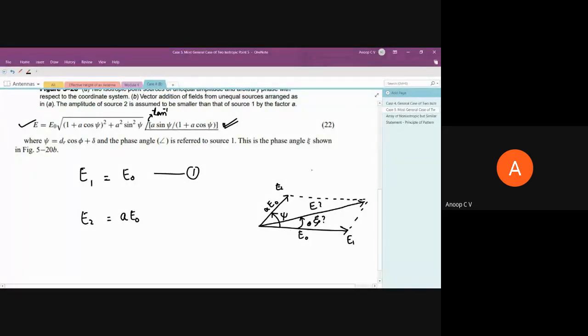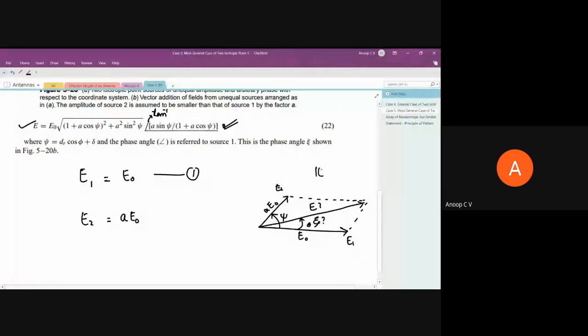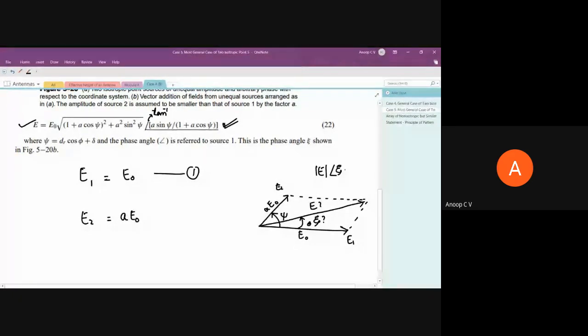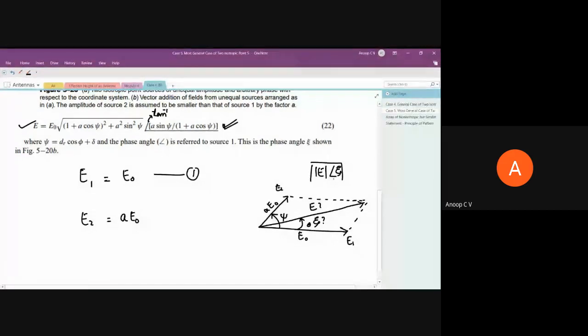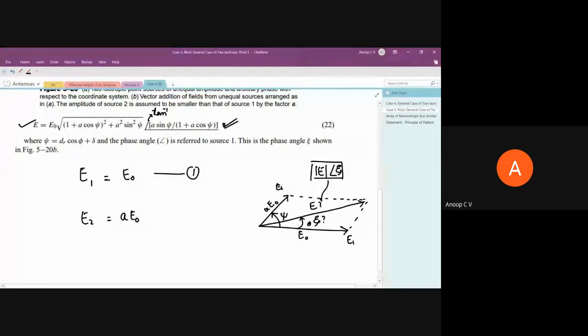So I can write it as mode of E, angle zeta. So we should find what is mode of E and what is zeta.